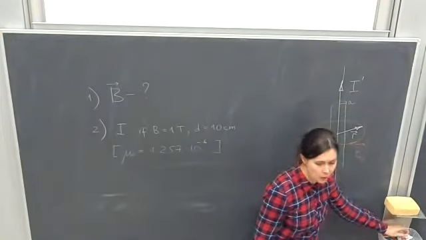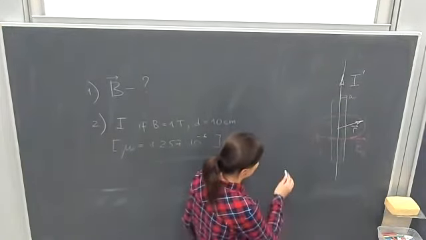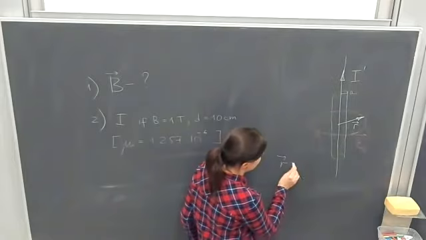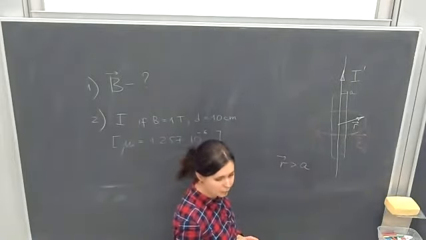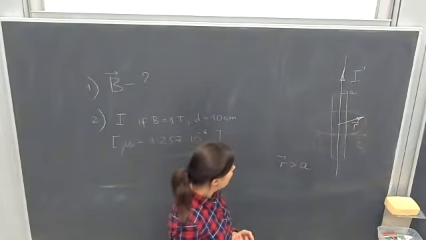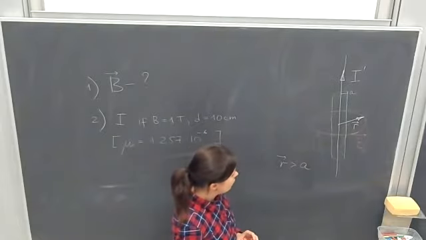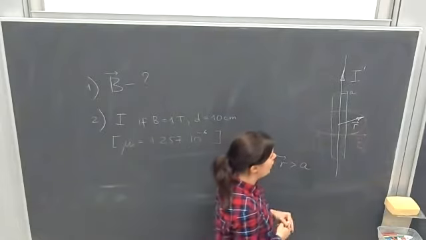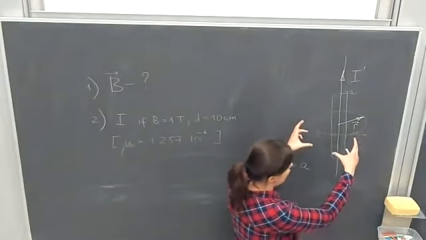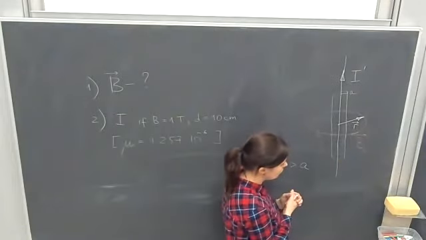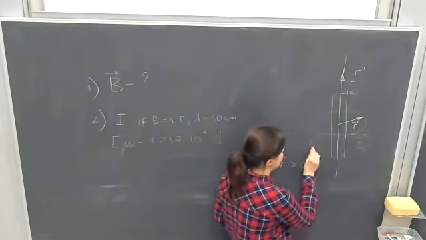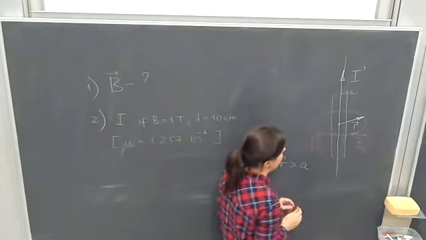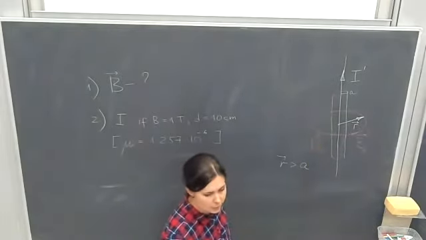In this problem, it's important that our r is larger than the radius of the conductor. So that we have our enclosed path, and we can define dl, the tiny piece of this path.